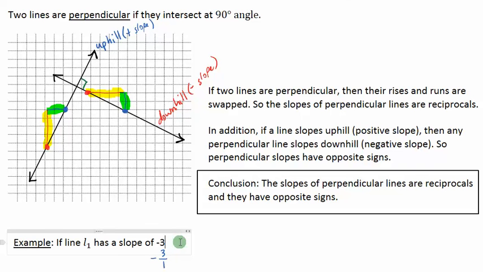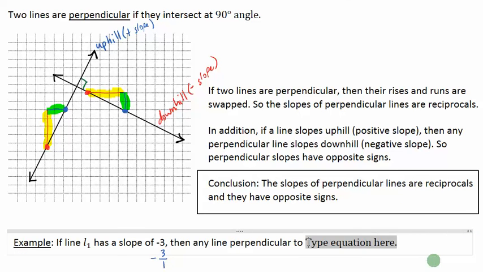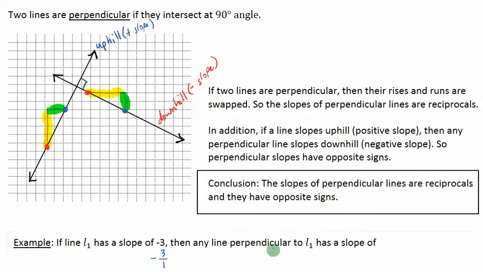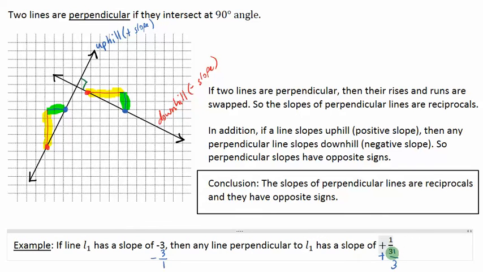So if line L1 has a slope of -3, then any line perpendicular to L1 has a slope of, well, what I need to do is find the reciprocal. So I need to flip 3 over 1. So that would give me 1 over 3. And I need the opposite sign. So it was negative, so now it's positive. So it would have a slope of positive 1/3.